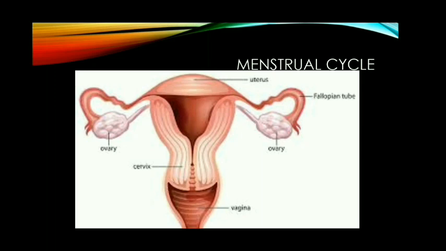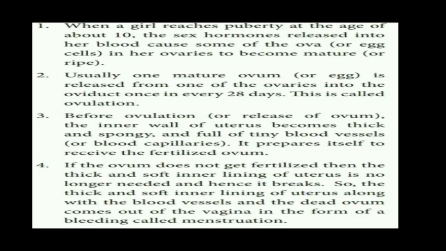So if the ovum does not get fertilized, that dead ovum along with the inner lining of the uterus comes out of the vagina in the form of bleeding called menstruation. Menstruation usually occurs 14 days after ovulation and usually lasts for about 3 to 5 days.